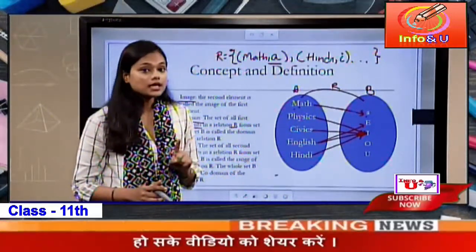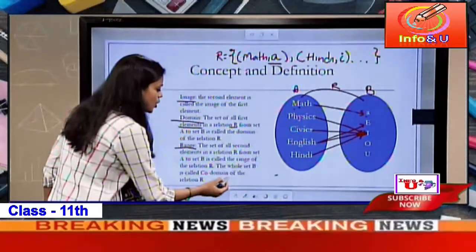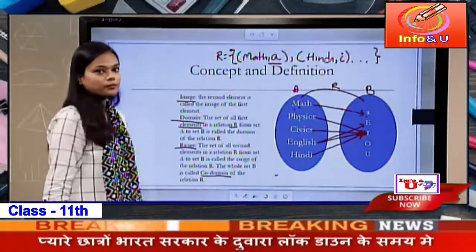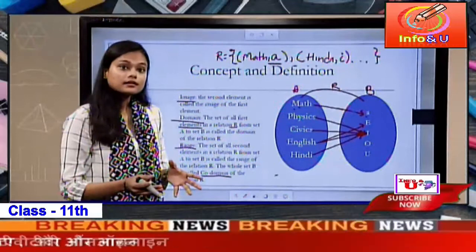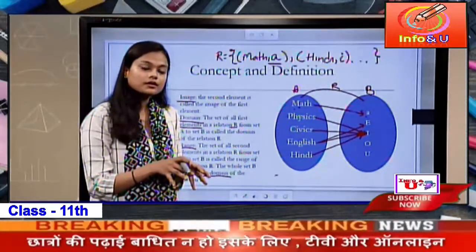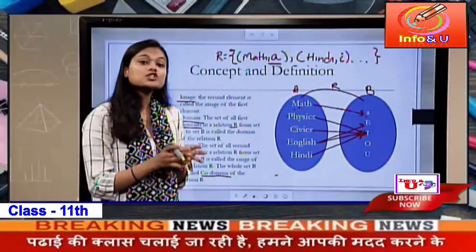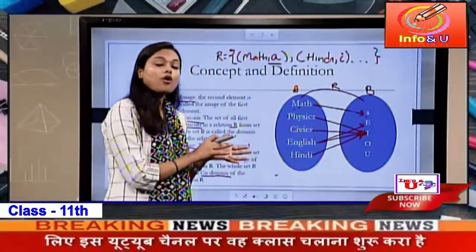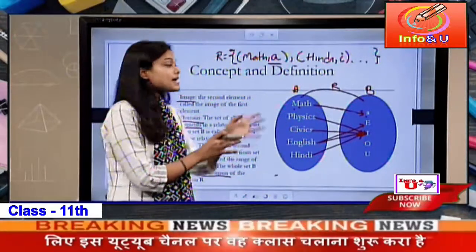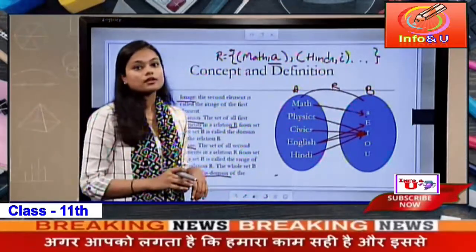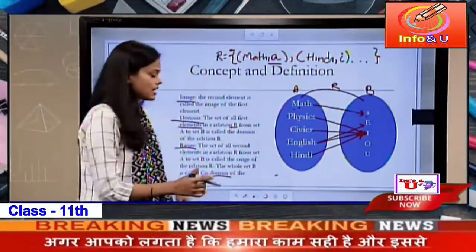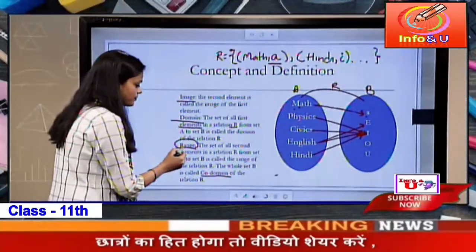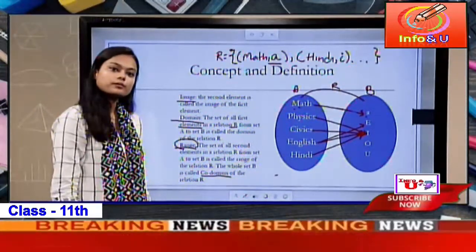The full set B is said to be the codomain. And the set of all those elements in it which are becoming the image of an element of the set A is known as the range.